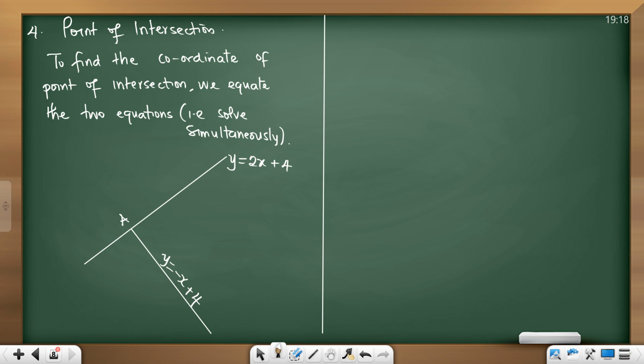Yeah, it's fine. The lines are touching at point A. Point A becomes my point of intersection, and all I need to do is to equate to get my x and y.